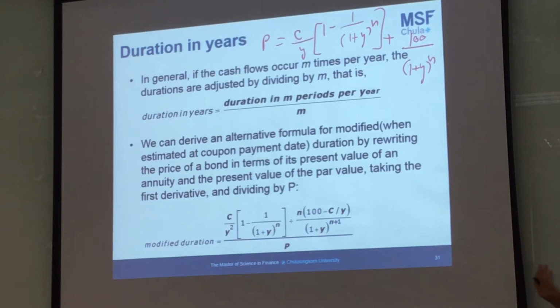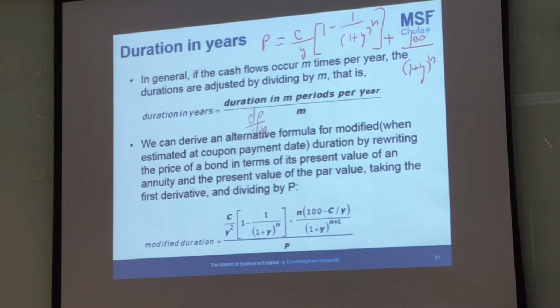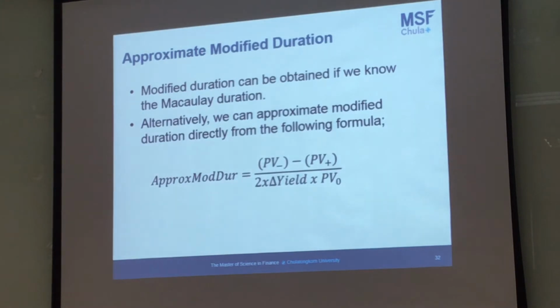And then we take the first derivative of the price with respect to the change of the yield, dP over dy. Okay, and then we get this. There are so many formulas, so it's up to you to use, okay?